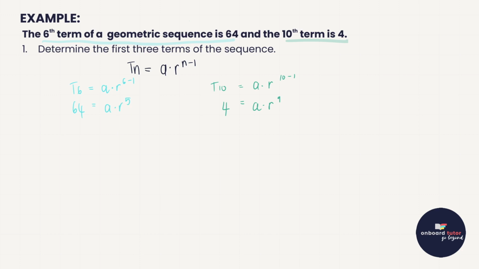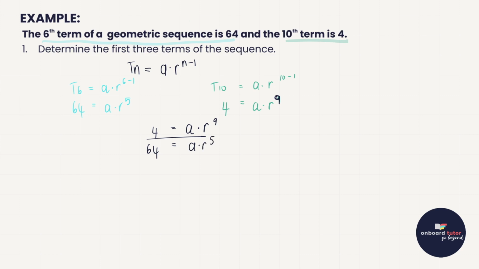So what we're going to do is we're going to take the one with the larger exponent, we always do that, and we're going to write it above the other one. So we're going to say 4 is equal to a multiplied by r to the 9 over 64 is equal to a times r to the 5.